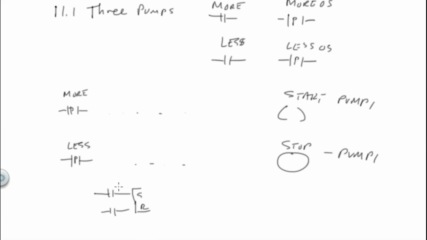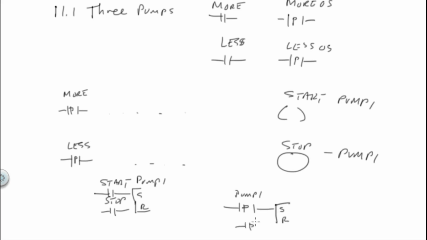So the start, pump 1, and this would be pump 1. This would be to start. This would be to stop. That uses set reset logic. Now I need to know which one was the last one to turn on, so I need to take this pump 1 positive edge and take it to a memory circuit, a set reset circuit.